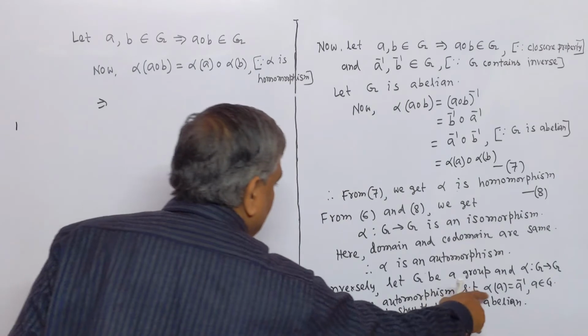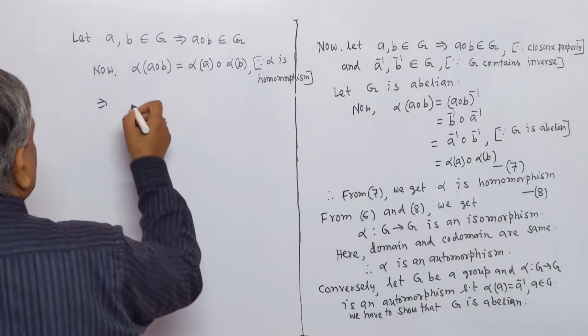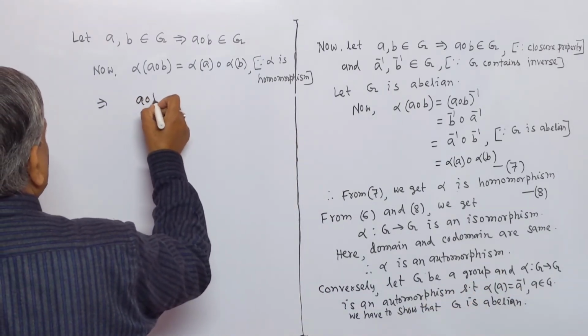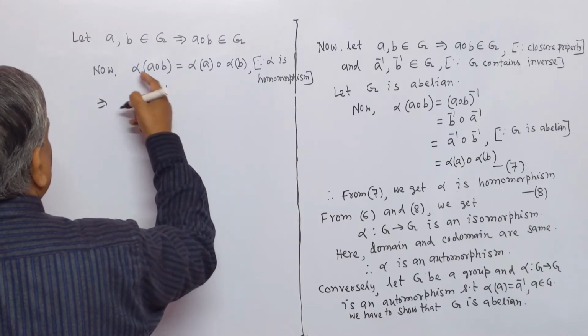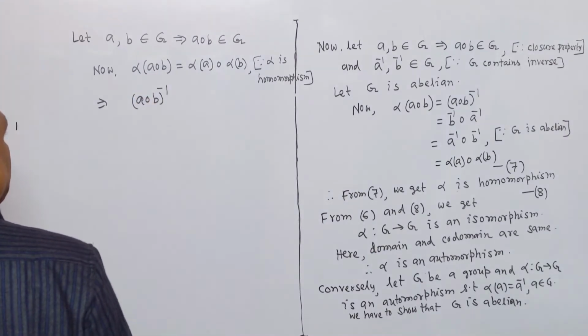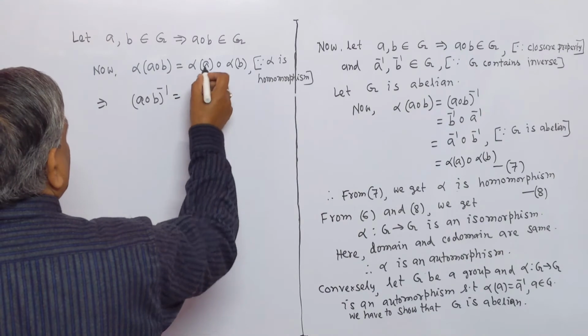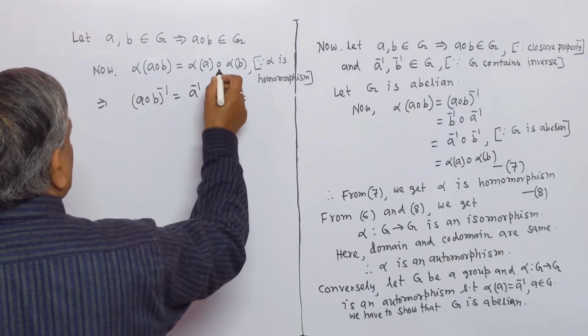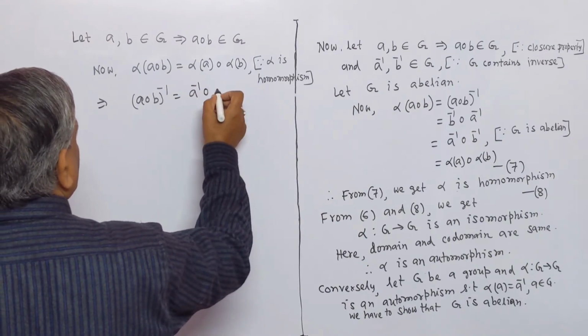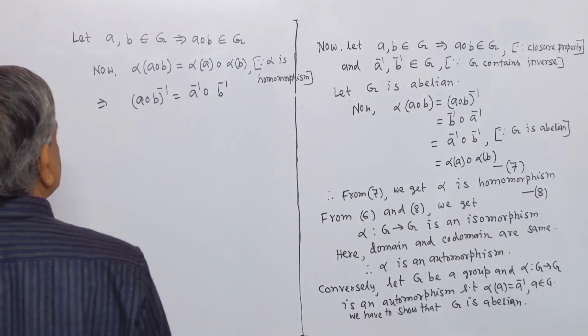Here alpha A equal to A inverse, so alpha of A operation B means A operation B whole inverse, and alpha A operation alpha B means A inverse operation B inverse.